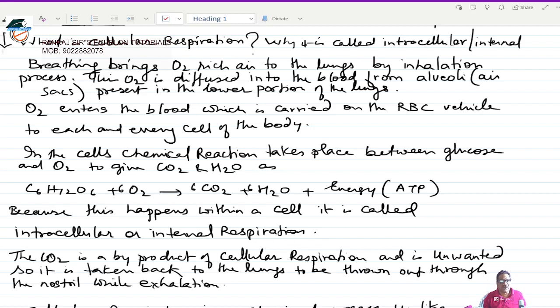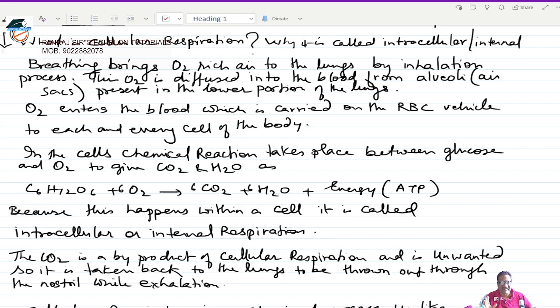So what is cellular respiration? Now in the previous video, I told you about what is breathing. Breathing was inhalation and exhalation. Inhalation is taking in oxygen rich air and throwing out carbon dioxide rich air. Breathing was a physical process. It doesn't involve any chemical reaction.